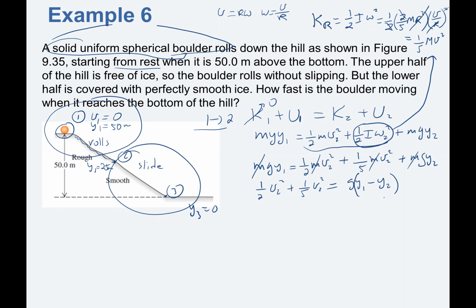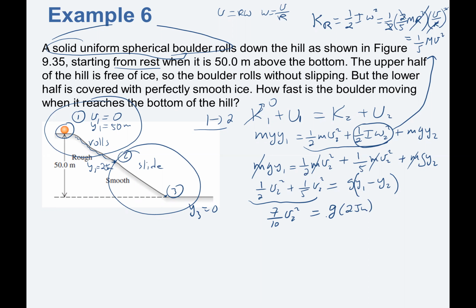And what I get from here is adding those two together, going to give me 7/10 v2 squared equals g times y1 minus y2, which is basically 25 meters.